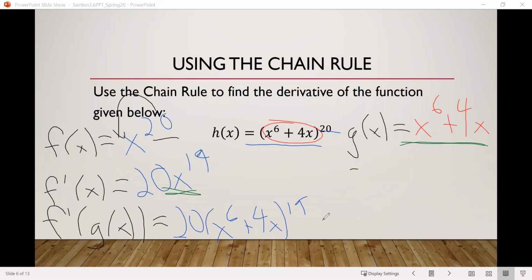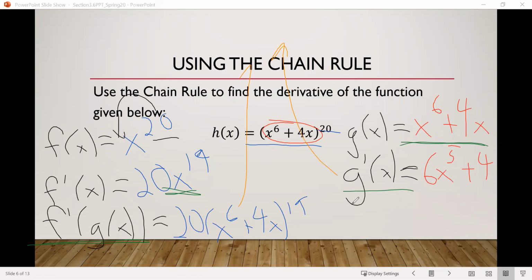Next thing we do now is find g prime of x, which we can do using our power rule. So that'll give us 6x to the 5th plus 4. And now that we have f prime of g of x and g prime of x, then we just multiply the two to get our derivative. So I'm going to have to write it above everything because I ran out of room.